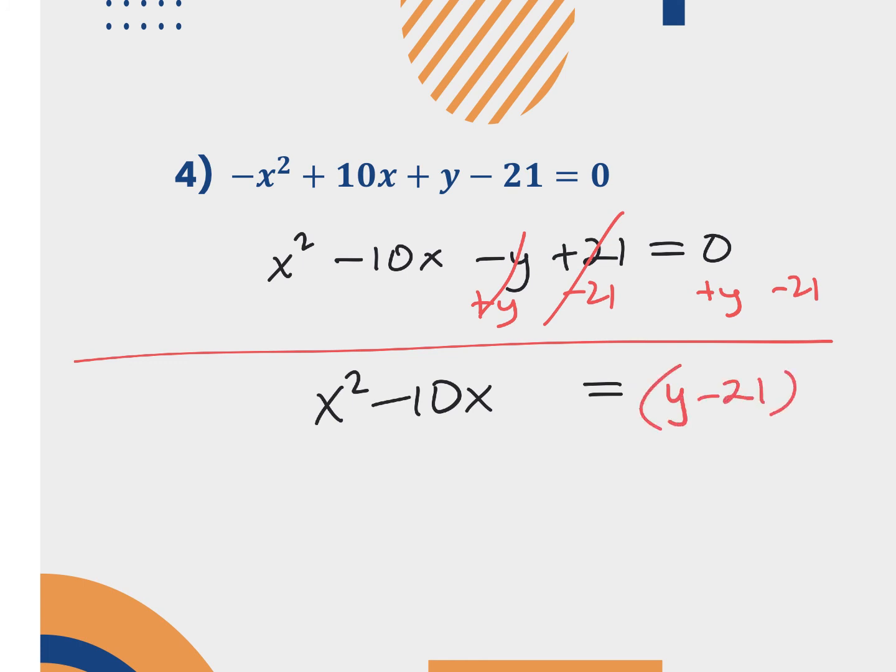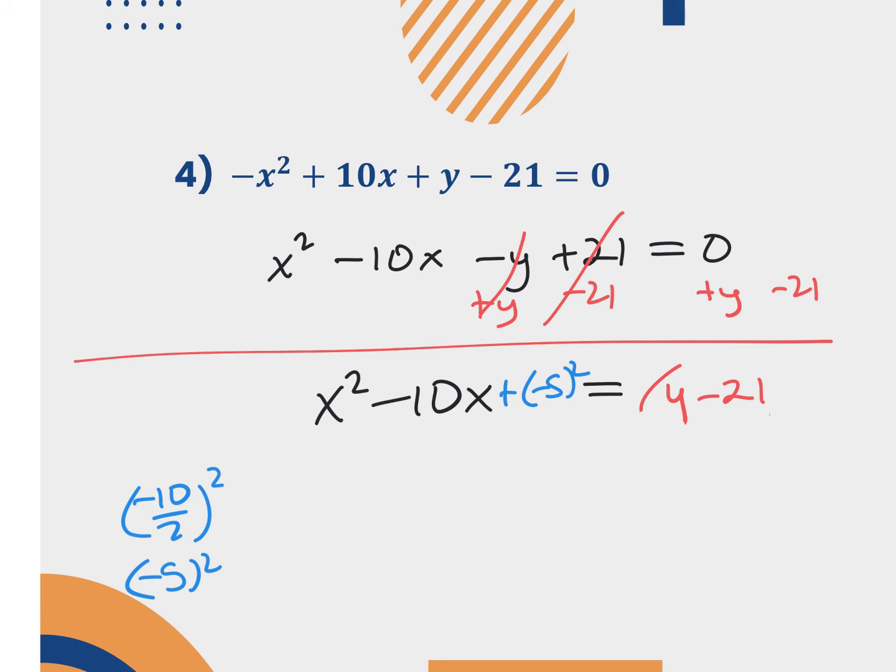Now, I need to complete the square. So I take the b term, divide it by 2, and square it. So -5 squared. And that's what I'm going to put in here. But over here, I'm actually going to put plus 25.